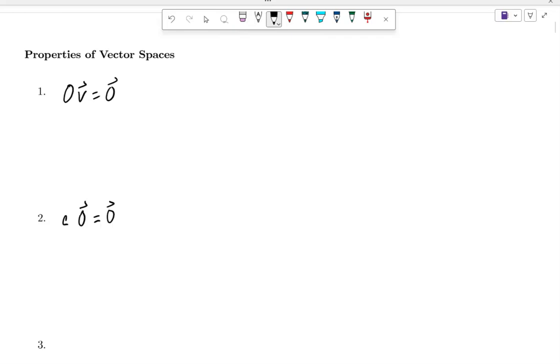You start with the side that's got two objects in it and rewrite the zero cleverly. This one you would take 0 times v and write it as 0 plus 0 times v. This one you would take c times the zero vector and write it as c times the zero vector plus the zero vector.